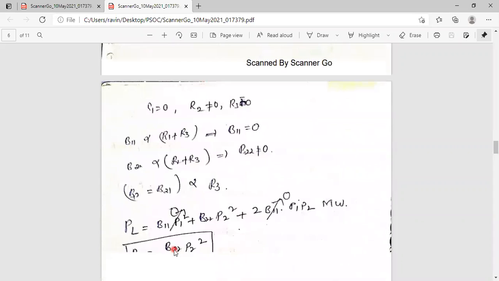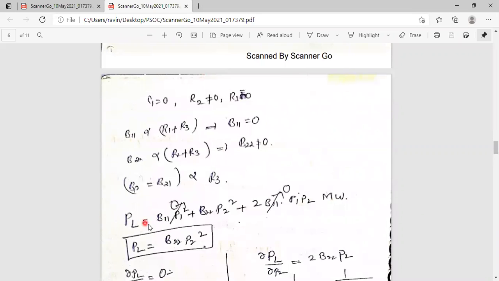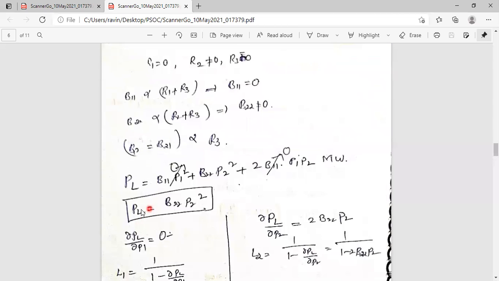Out of the equation B11 P1 square plus B22 P2 square plus 2 times B12 P1 P2, two of these terms are zeros. So we can write that total transmission line losses are generator 2 losses only, B22 P2 square.